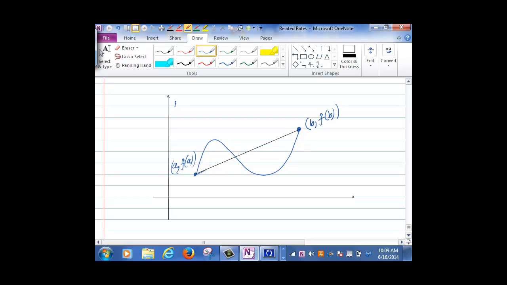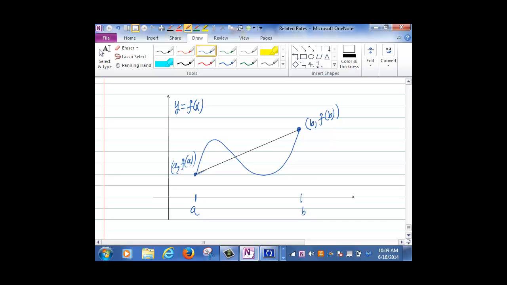So what I have here is the graph of some function f of x over the interval from a to b. So here's a and here's b. And so if you look at the graph, it's clear that the derivative of f exists everywhere because the tangent line exists at each point.